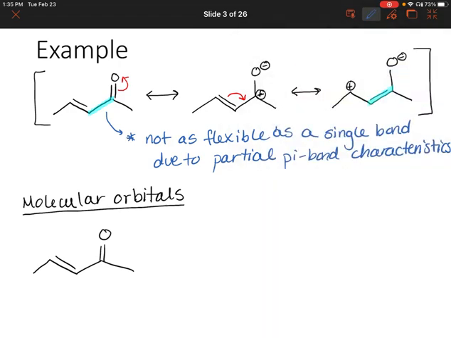So let's look at this carbon on the left-hand side of the molecule. What is the hybridization of that carbon? Is it sp, sp2, sp3?